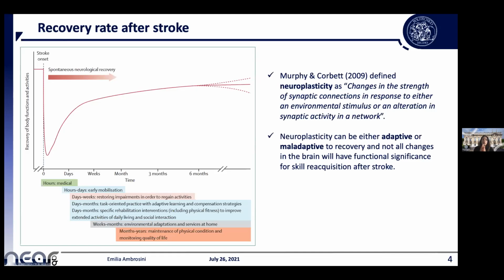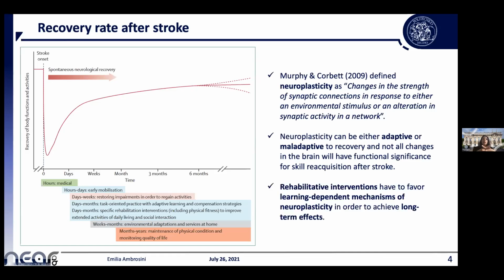Indeed, not all changes in the brain have a functional significance. And what we aim to do every day with the design of rehabilitative intervention is to foster learning-dependent mechanisms of neuroplasticity in order to achieve long-term benefits and so long-term improvements.